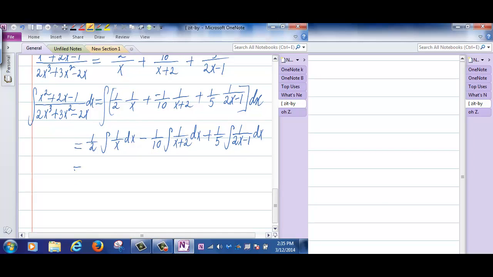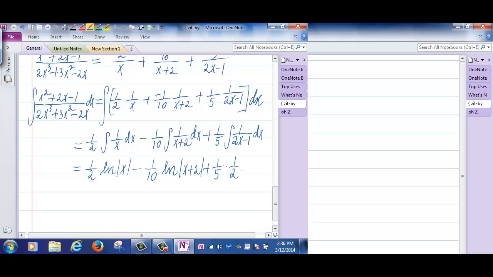And can someone tell me what's the first integral? Natural log. Okay, don't forget this is absolute value of x, minus 1/10. What would I get for the second one? Natural log of absolute value of x plus 2. The last one, 1/2.